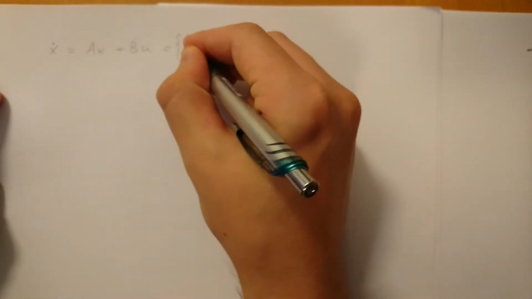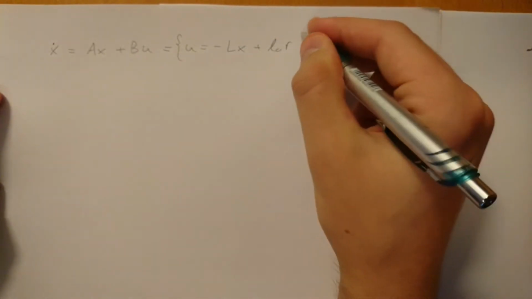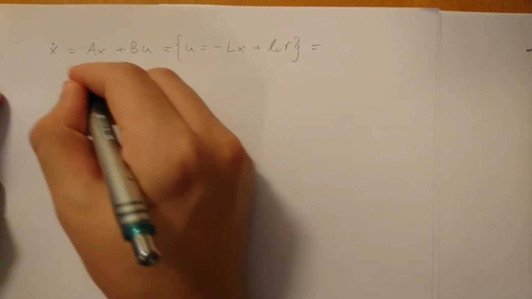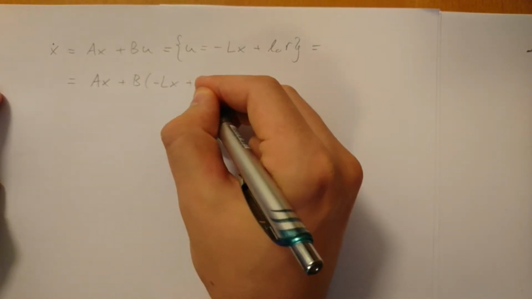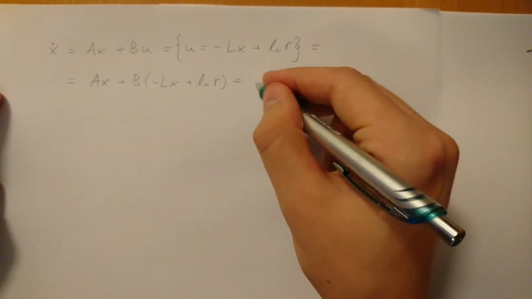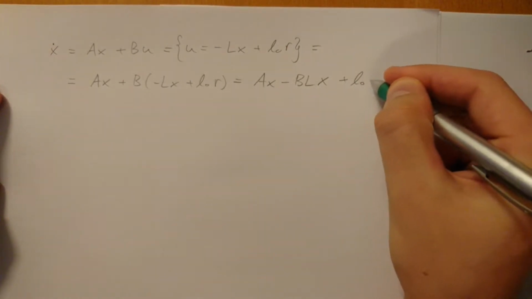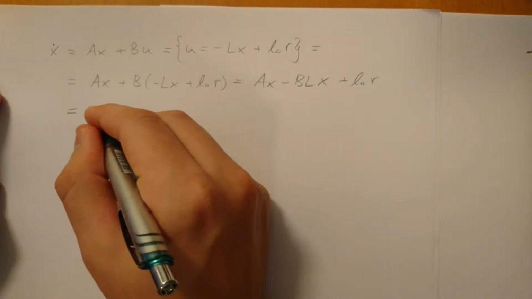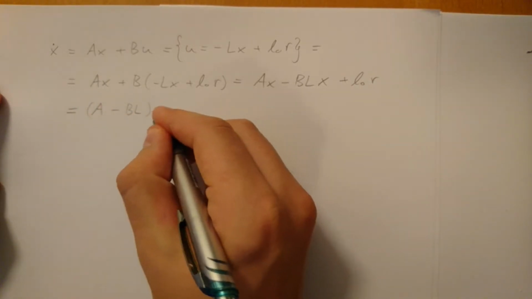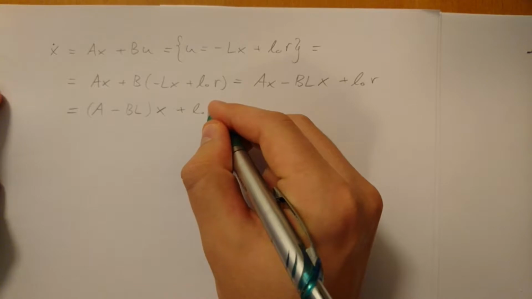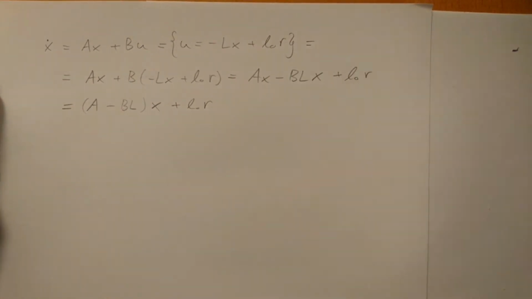Well, we'll let u be equal to minus L times x plus L naught times R. We'll substitute that, so that will give us Ax plus B times minus Lx plus L naught R. And this is equal to Ax minus BLx plus B L naught R, which is A minus BL times x plus B L naught R. So this will be the governing equation when we're using this feedback.